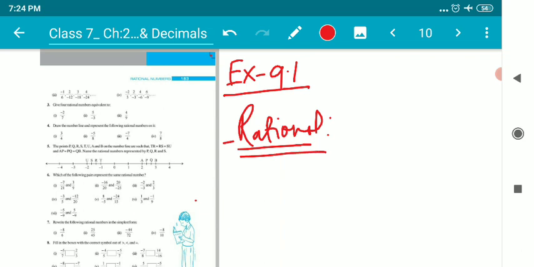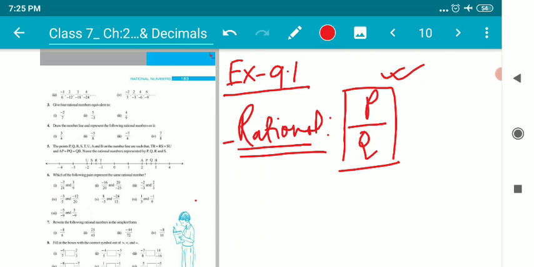So let us understand what a rational number is. Rational numbers are the numbers which can be expressed in the form p by q, where p can be any integer and q can be any integer other than 0. Q cannot be 0.